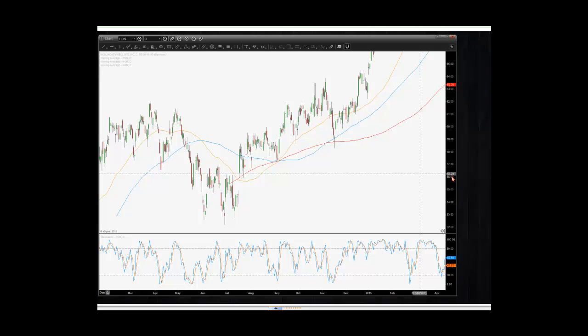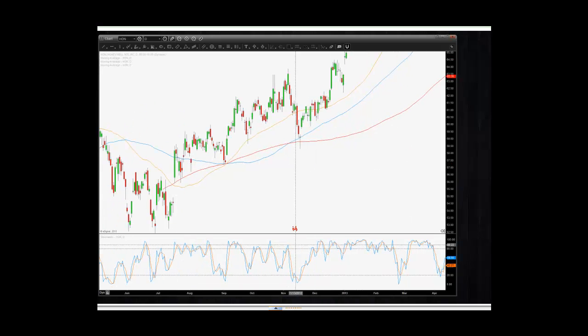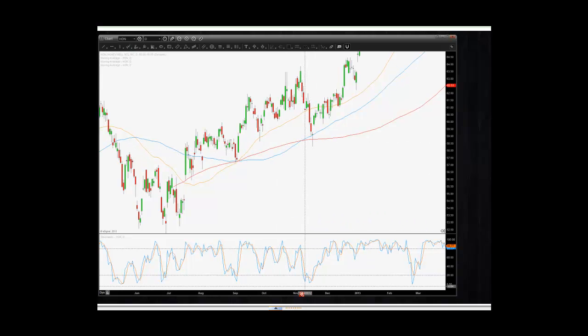Honeywell did, and at some point lost momentum in the beginning of November, pulled back to its 200-day moving average, and gave us a very clear hammer candle, okay?